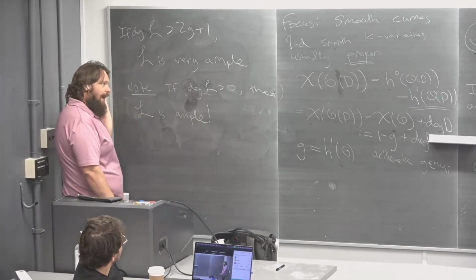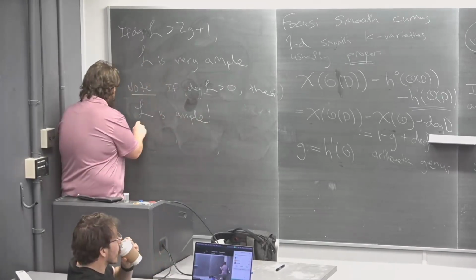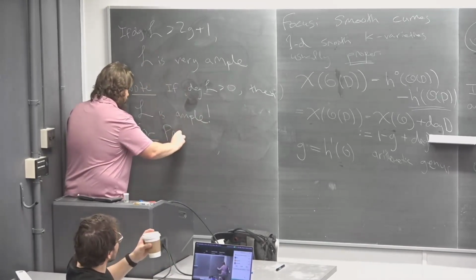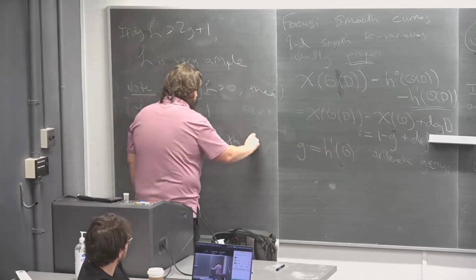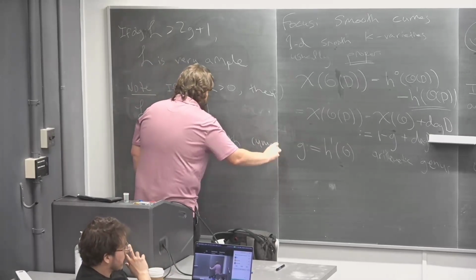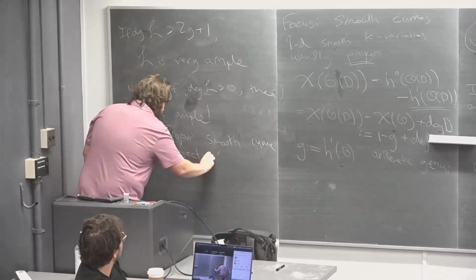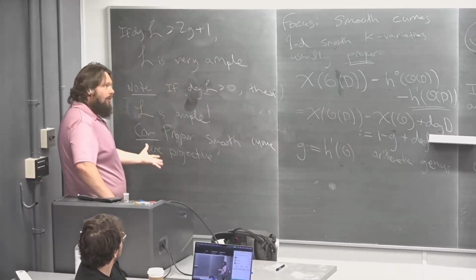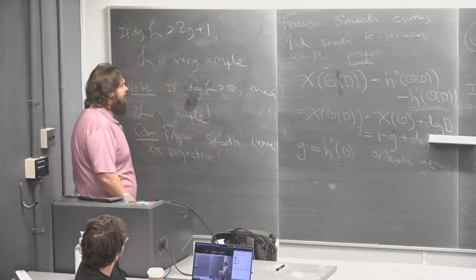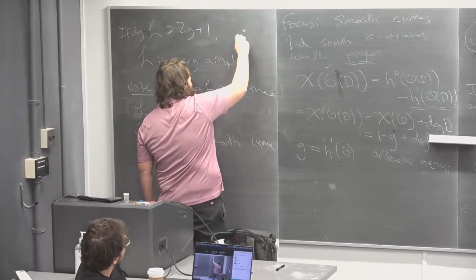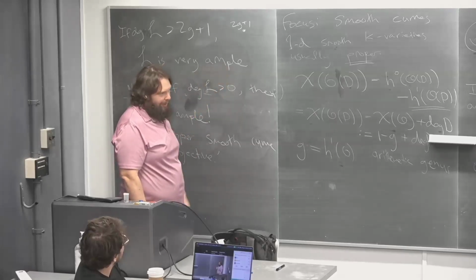So in particular, if I have a proper curve, it has an ample line bundle, or very ample line bundle. But we've proven that proper smooth curves are projective. And furthermore, we've even produced a simple way of finding an ample line bundle: if I just take a point and take 2g plus 1 times that point, I will get a very ample line bundle.